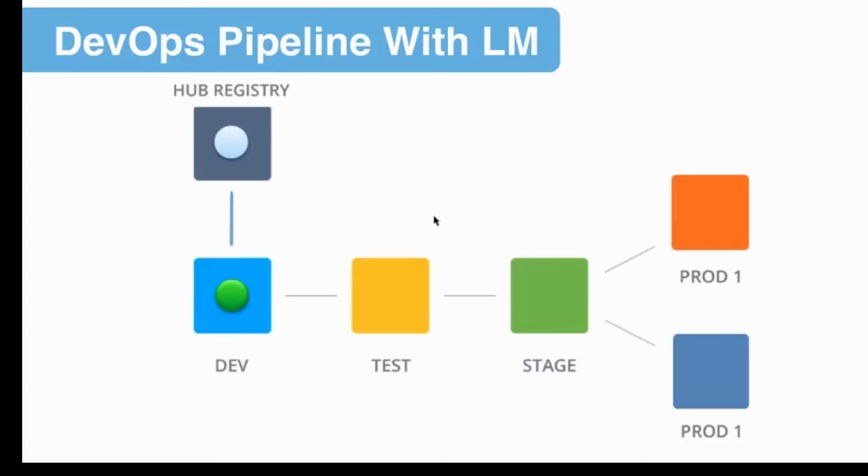After that, we can migrate the whole container from the dev environment to the test environment, and the test guys can check if everything is okay. Then we migrate from test to stage, and sysadmin guys can again make sure that everything works properly and migrate it to one production and to another one. Actually, as you can see, there is a clone option as well, so you can even clone your container and migrate it in live mode as well.